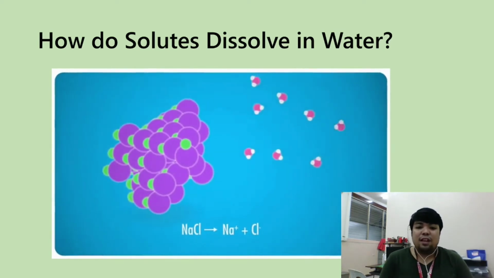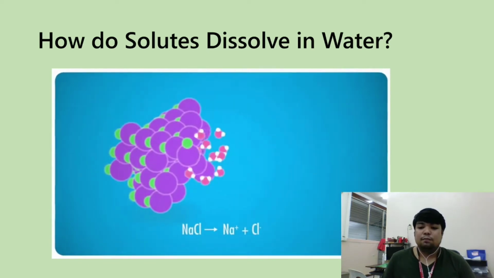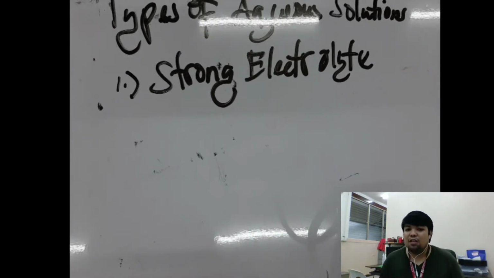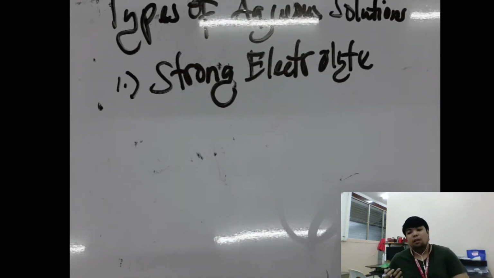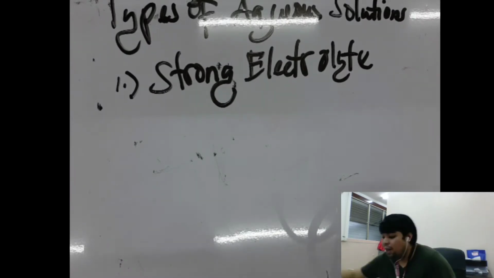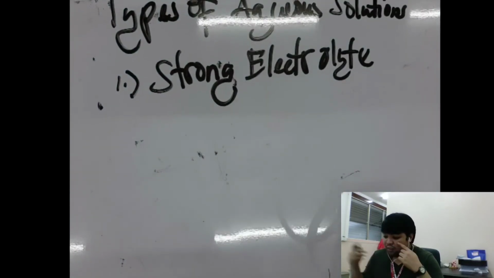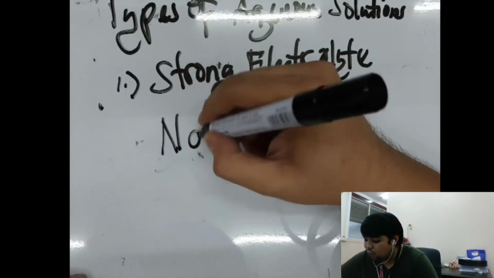So now let us proceed to the types of aqueous solutions. There are several types of aqueous solutions depending on the degree of separation of the ions in the solution. One is a strong electrolyte solution, wherein the ions are completely separated by water. Let's take our previous example, sodium chloride.